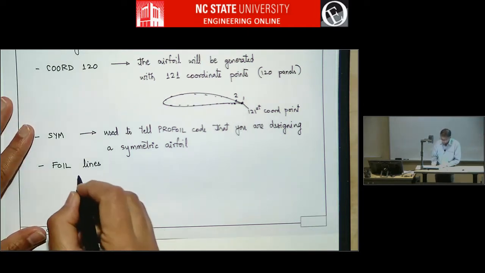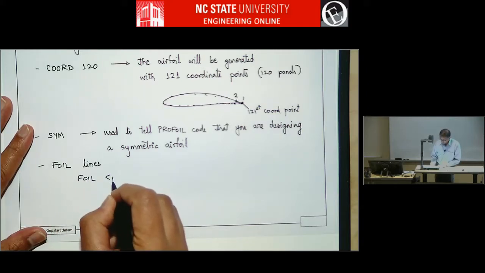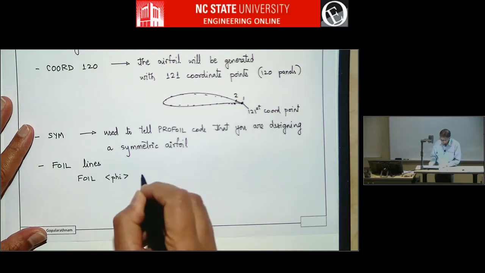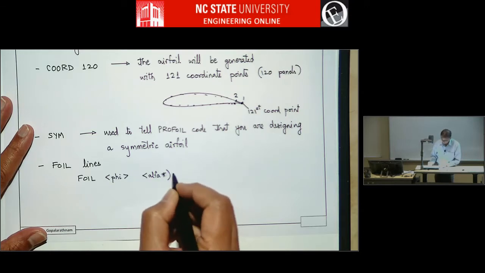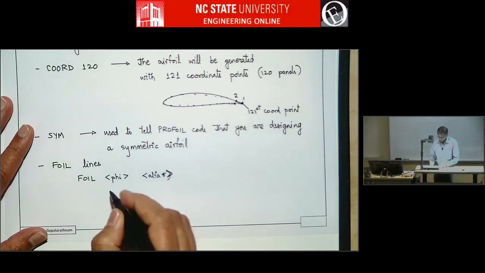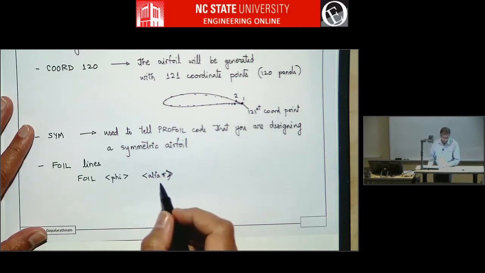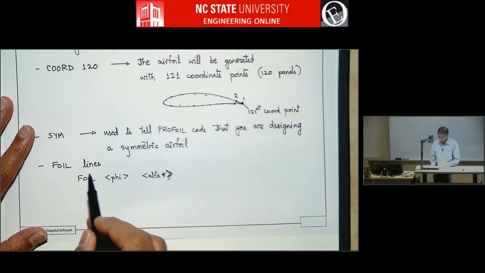So these lines will look like this. You will say foil, and then there will be one number, which is phi. Then there will be another number, which is alpha star. These are the two required arguments. I'm calling these arguments because for this line these are the two inputs, right? So input arguments.